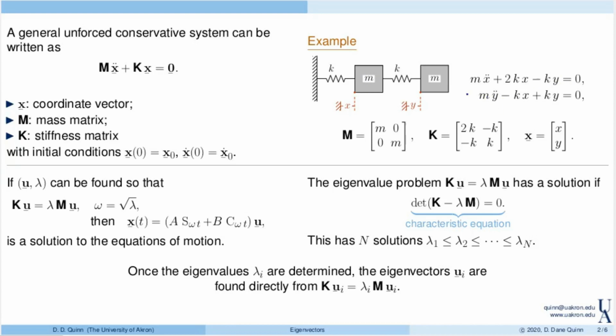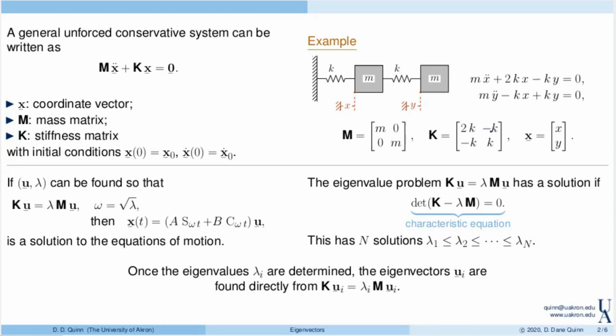M times y double dot, so mass times acceleration, and then this represents the force acting on this mass, which of course is dependent on the relative displacement between these two. So from this we can identify a mass matrix that takes the following form. Here it's actually diagonal.